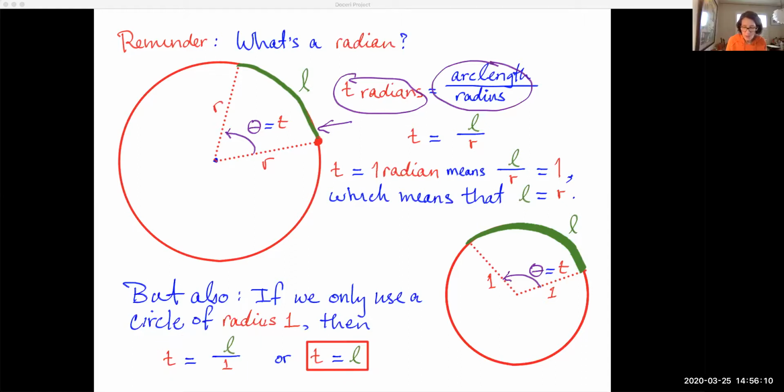It's something that you won't need to use right now, but we'll work with that ratio again later. But the point is, if we have a unit circle, then any central angle will always have the same measurement as the length of the arc that it chops off. And so we're always going to use that fact in this class.